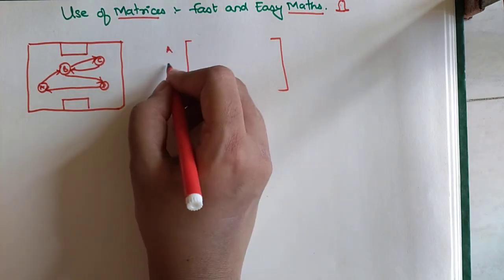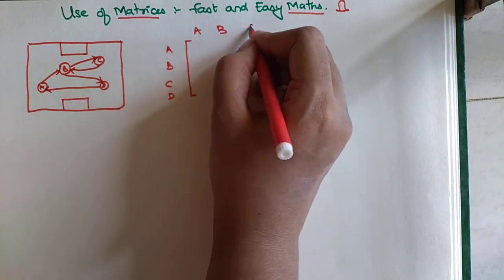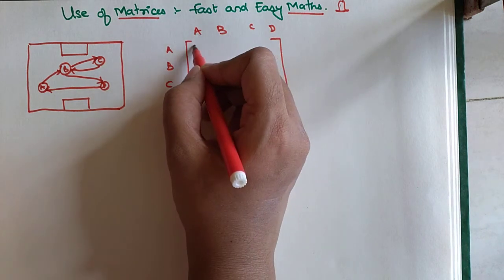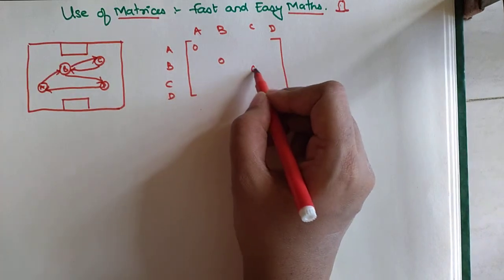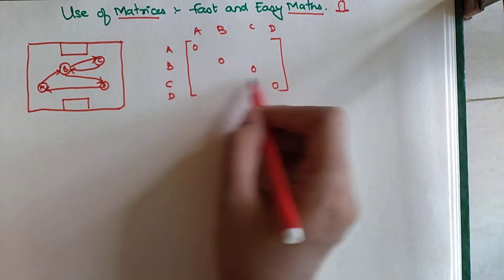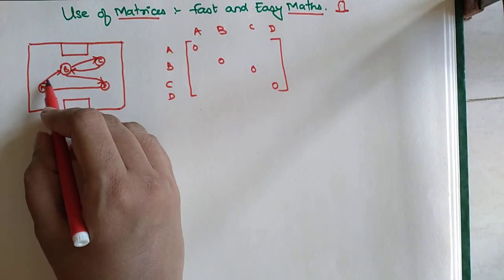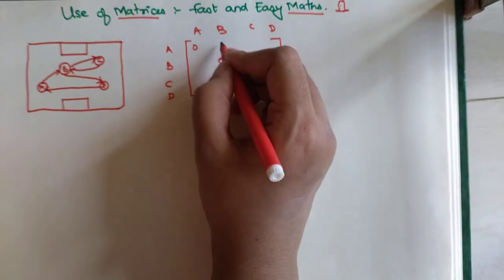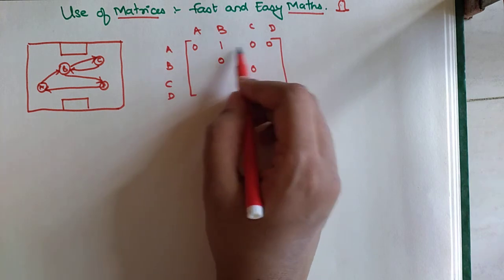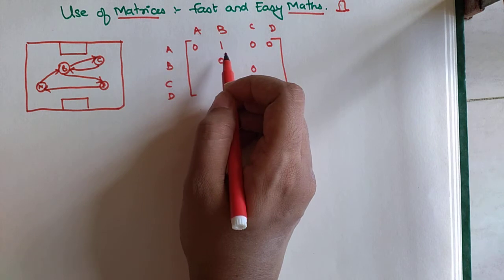So here let's talk about A, B, C and D, and we have A, B, C and D. As we know that no player can pass the ball to itself, so we are going to make these zeros because A cannot pass the ball to itself, neither can B, neither can C and neither can D. But we saw that A is passing the ball to someone, and that is only B. So the rest of the people will get a zero in front of themselves. Why? Because A is passing the ball only to B.